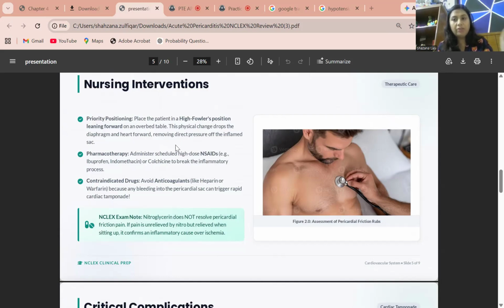The main important pharmacological treatment of acute pericarditis is aggressive treatment. So administer an NSAID, a non-steroidal anti-inflammatory drug. Administer high doses of NSAIDs like Brufen, indomethacin, colchicine to break the inflammatory process.